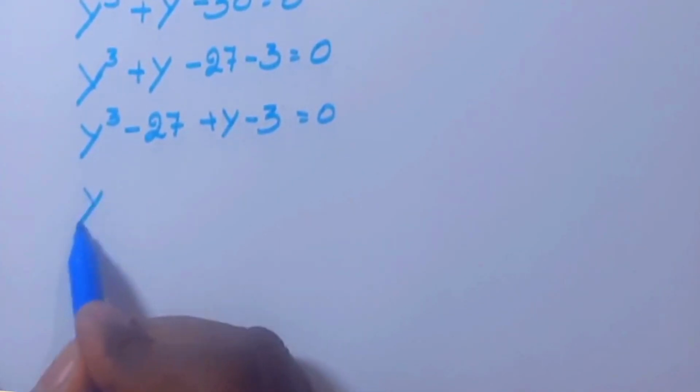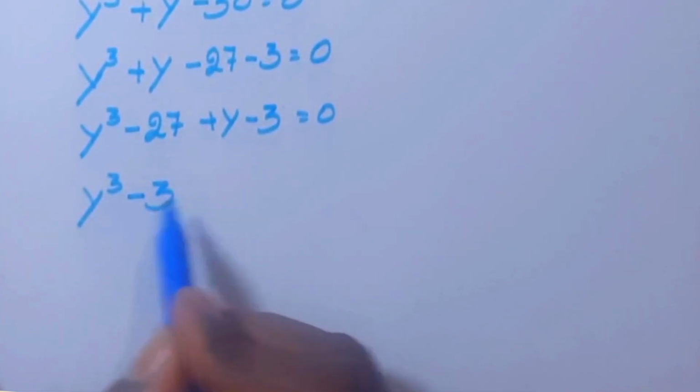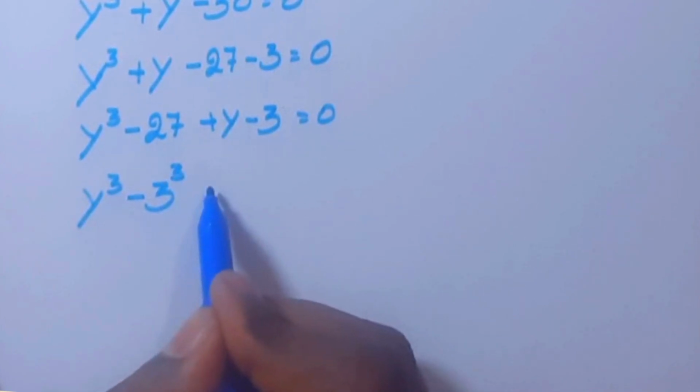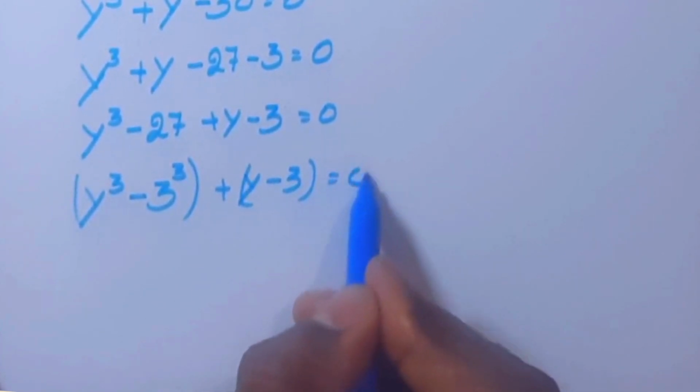Now y^3 minus, this can be written as 3^3, plus y - 3 equal to 0.